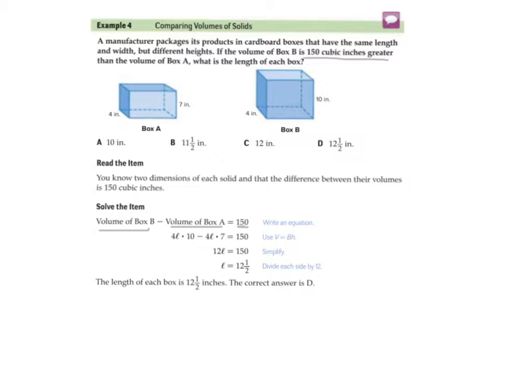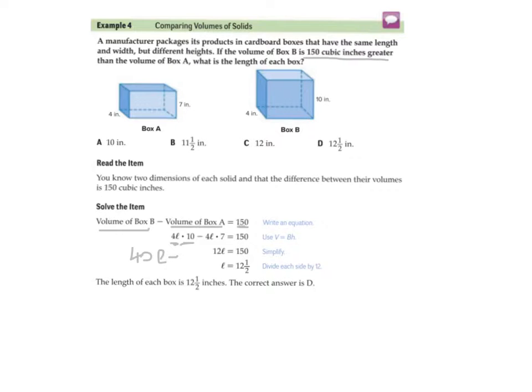Well, in both boxes we're missing the length, so they've used L for that, but if you want to use X, that's up to you, but in this case let's use L. Don't forget the formula is the area of the base times the height. Well, the base in box B is length times width, so 4 times something times the 10, in theory that's going to give you 40L.